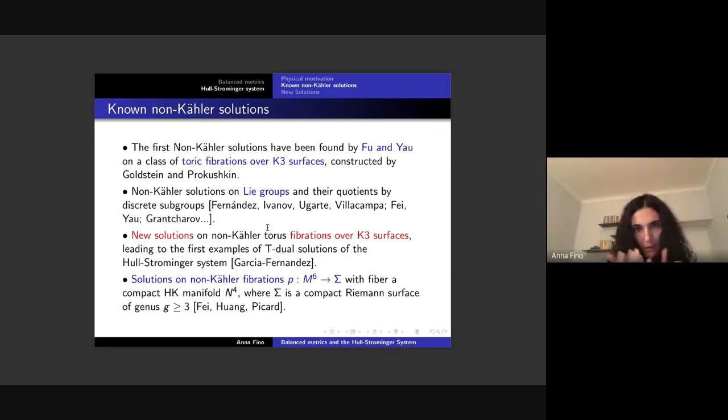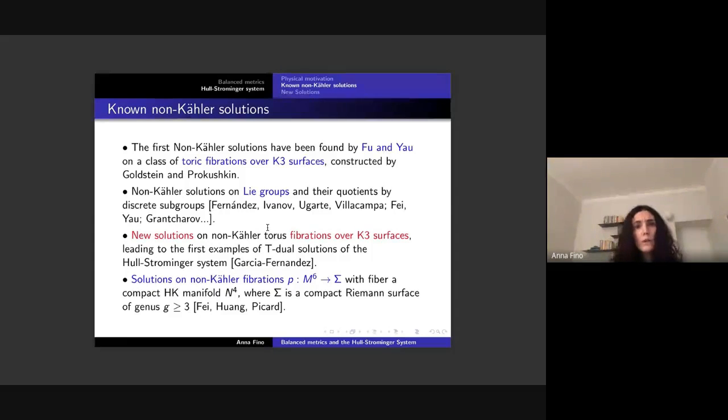So this is an example on a compact manifold. And then Fei and Yau consider non-Kähler solutions again, not considering nabla as the Chern connection, but a different connection in the family, on compact quotients of a unimodular complex Lie group. And then other examples by Grantcharov and many other people, okay?